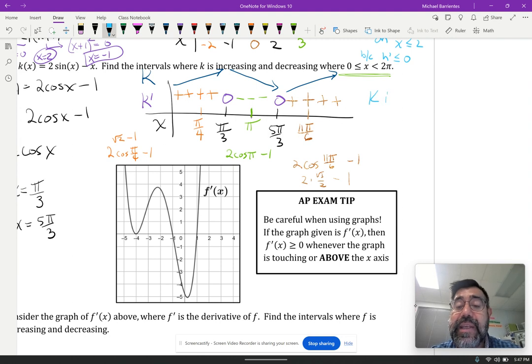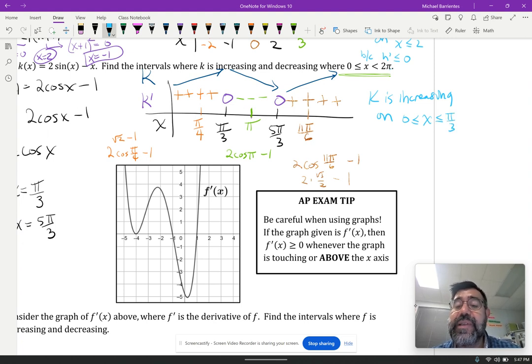So k is increasing on the interval between... Now remember, they told me that the starting point should be 0 and the ending point should be 2 pi. So x's that are between 0 and pi over 3.